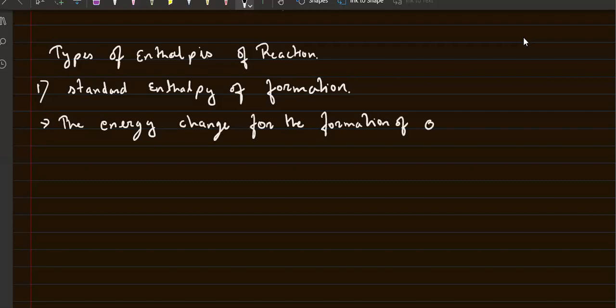1 mole of a compound. Is this totally diffusion? No, right? Because we are creating this compound from some other compounds. So can we say that it is a heat of formation? No, right?